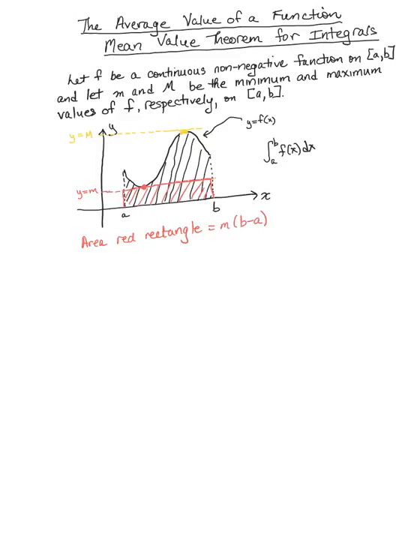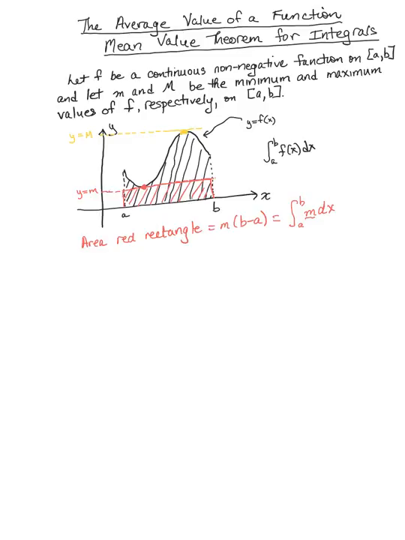That's also represented as the integral from a to b of the horizontal line, little m, with respect to x. But if you recall from our properties of definite integrals, one way to evaluate the definite integral of a constant is to take the constant and multiply it by b minus a. We could also use the first fundamental theorem of calculus to show that.